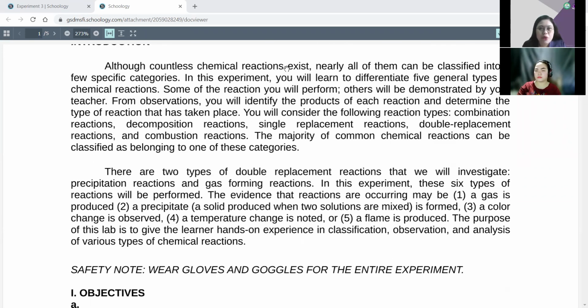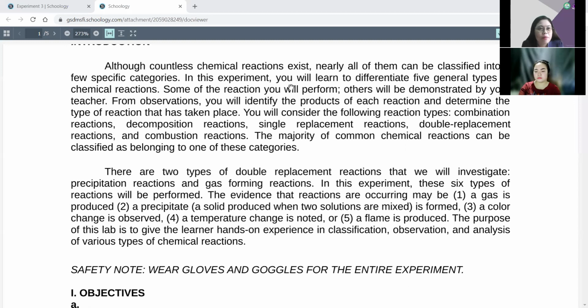So please review. Remember, we have the synthesis or the combination reaction wherein our chemical substances combine to form a new product. So it can be an element and another element combining to form a compound, or a compound and another element forming still a new compound. That's the synthesis or combination reaction.